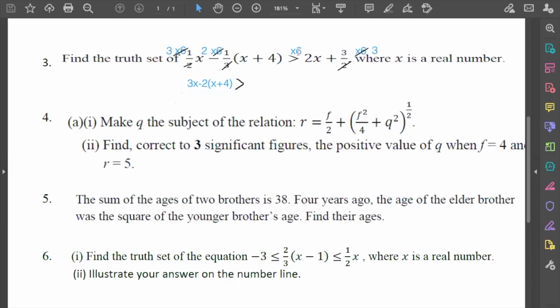Good. Now, the next one is 6 times 2x. 6 times 2x is 12x.